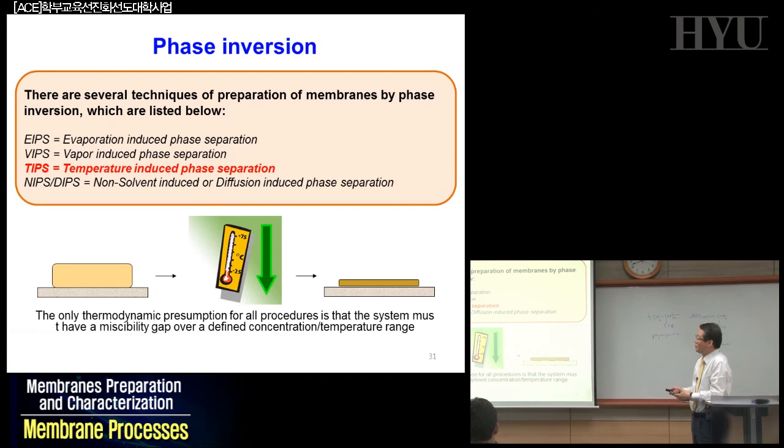In other words, this process has been known for PVDF membrane fabrication with non-water-soluble diluents such as DOP or DBP, so that when you decrease the temperature, you can just induce the crystallization. Okay? And then later on, after membrane formation, you can remove those diluents in some way.